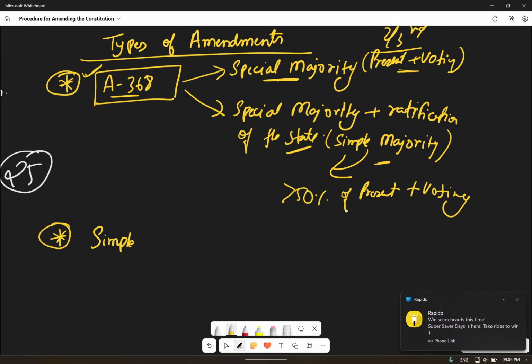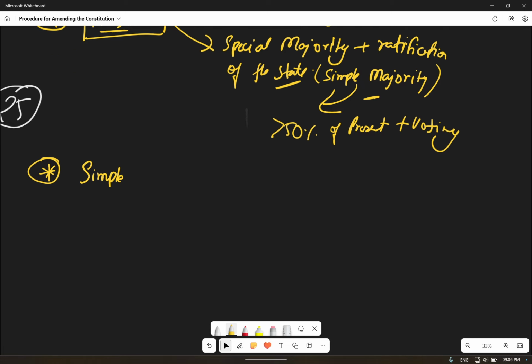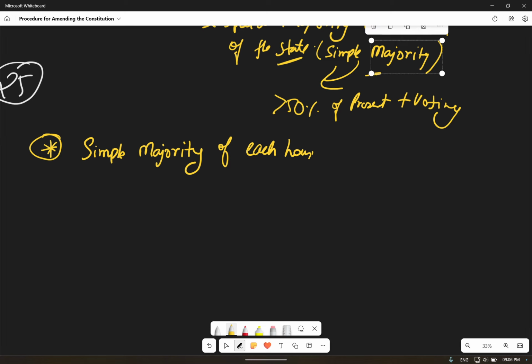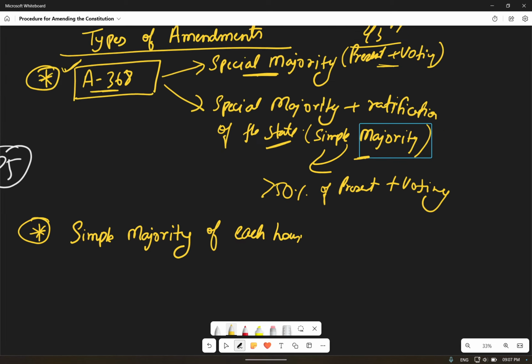Now another type of amendment is one where the bill has to be passed by a simple majority of each house.